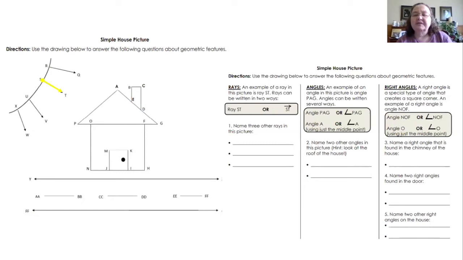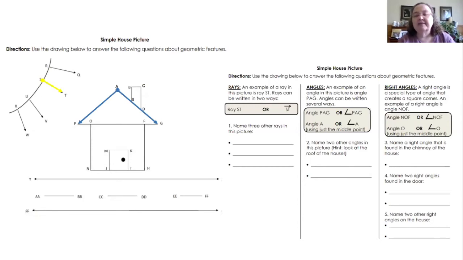Let's move to angles. An example of an angle in this picture is angle PAG. And angles can be written several ways. I either write it with the word angle PAG, or I can draw an angle and write PAG, or I could just say angle A, because A is where the vertex of the angle is, or I could write the angle picture with the letter A, always using the middle point.